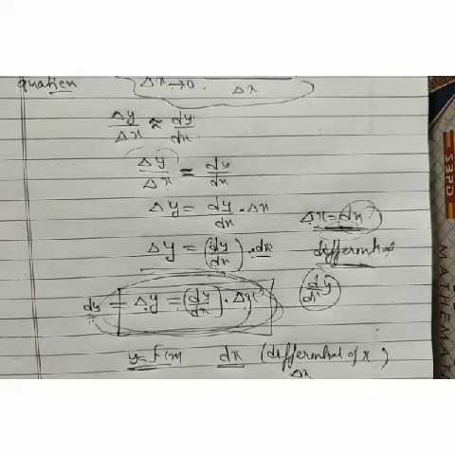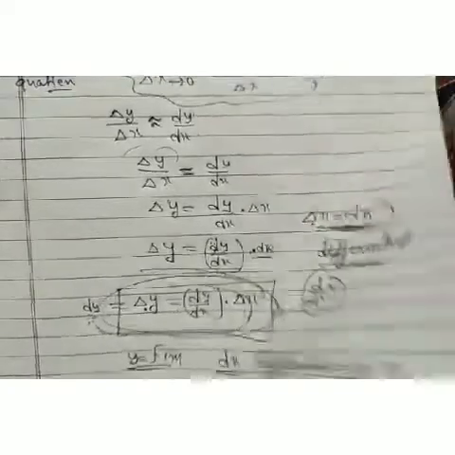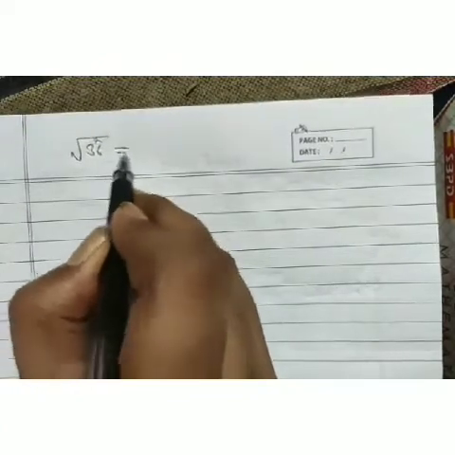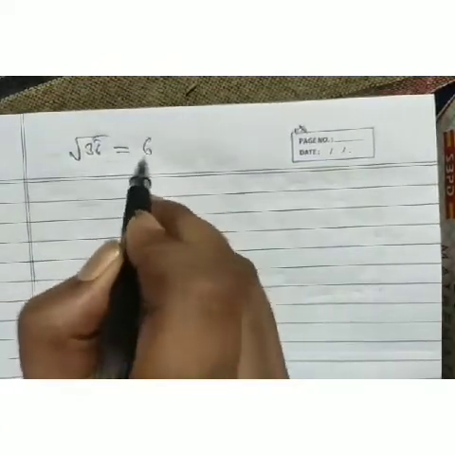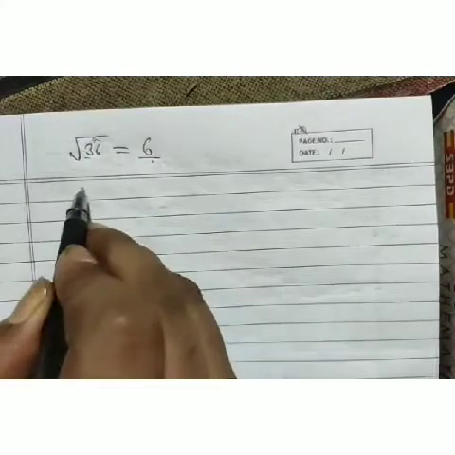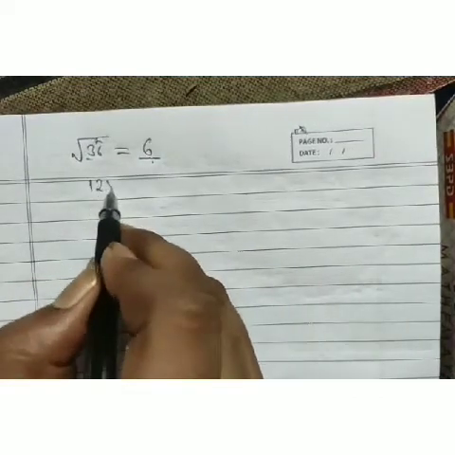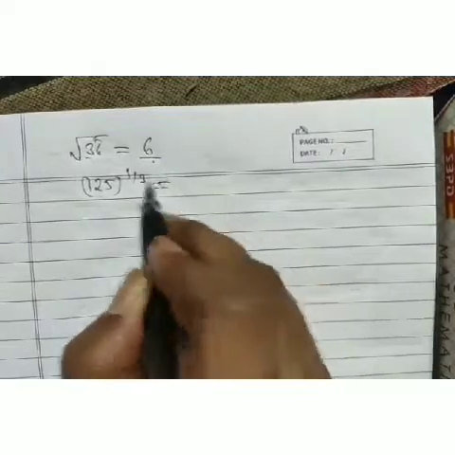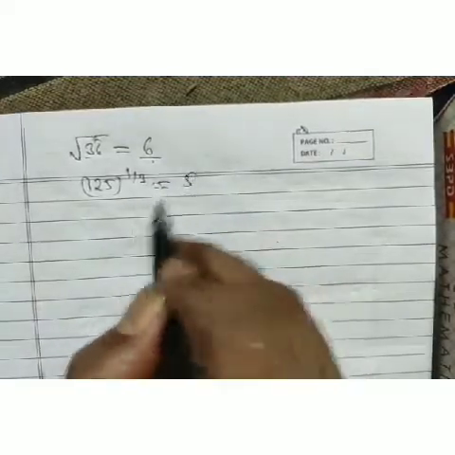Now we are going to discuss why we need it. Suppose I ask you the value of root 36. You can easily tell it. If I ask the value of 125 to the power 1 by 3, again you say 5.